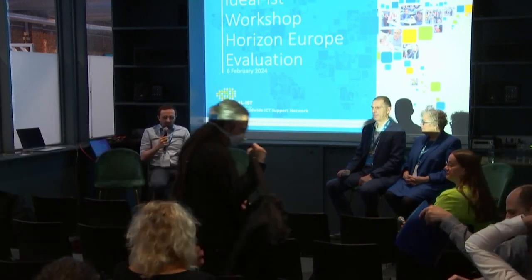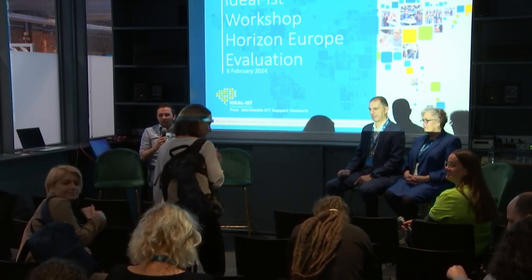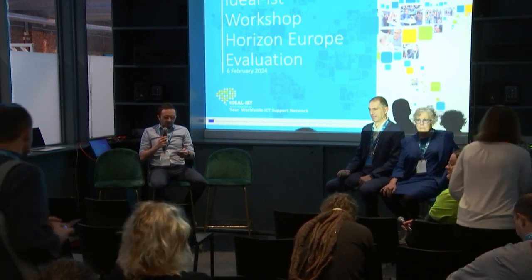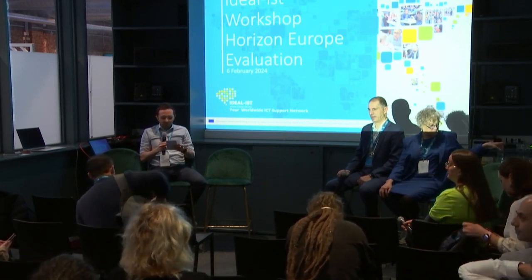For example, within excellence, you talk about the problem, you define the scope of what you're working on, and your actual method, so what you're going to do with it. You talk about the state of the art, open science, social science and humanities, gender aspects, and strategy.